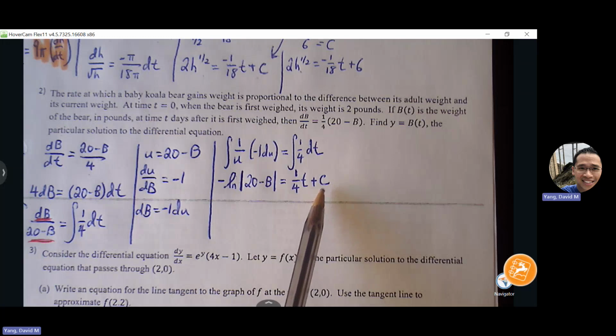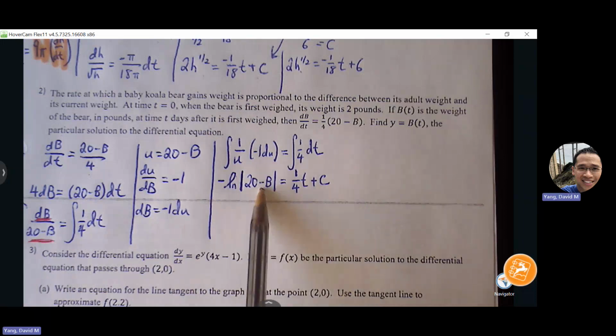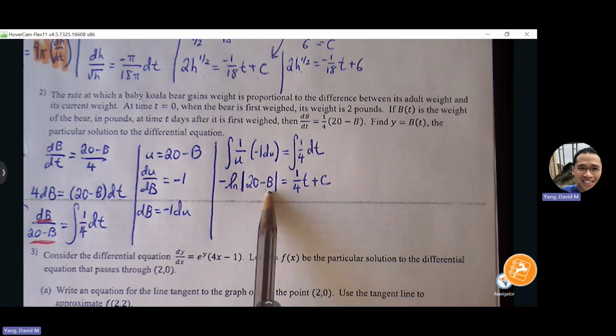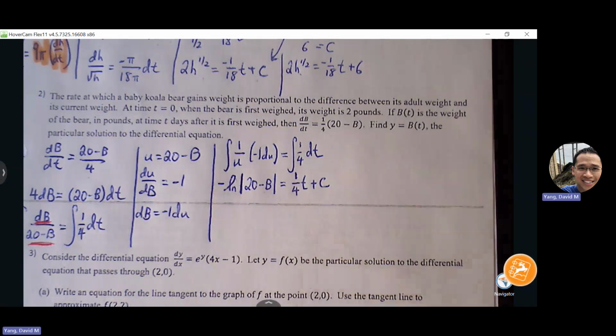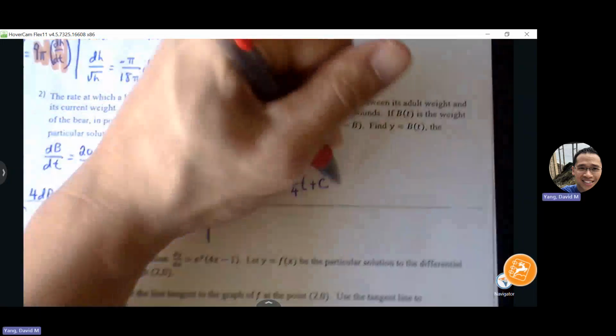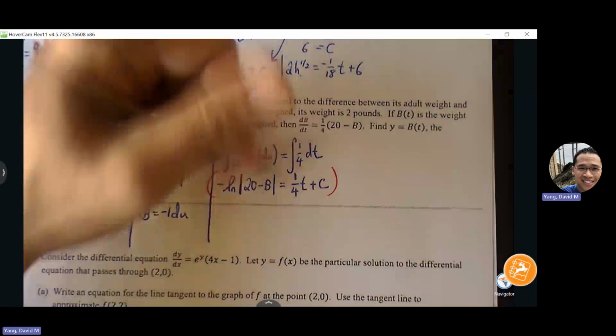Sometimes I prefer to solve it later if I feel like I can get this equation cleaned up. So I'm going to solve for B first, but to solve for B, I want to involve E in natural log, but this negative is kind of standing in the way. I'm going to just distribute it to the right side here so I can get that left side a little bit cleaned up.